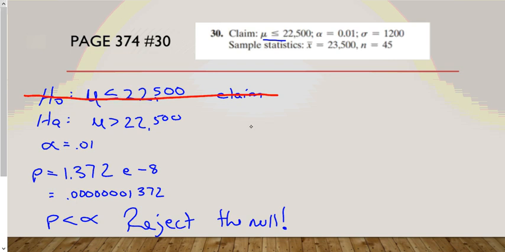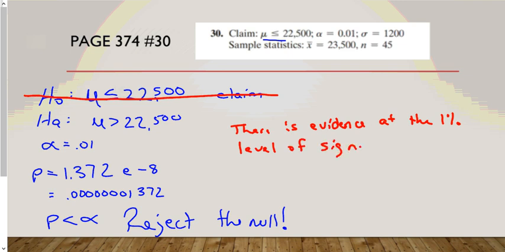So I would then say, for my interpretation, I would say there is evidence at the 1% level of significance to reject this claim.